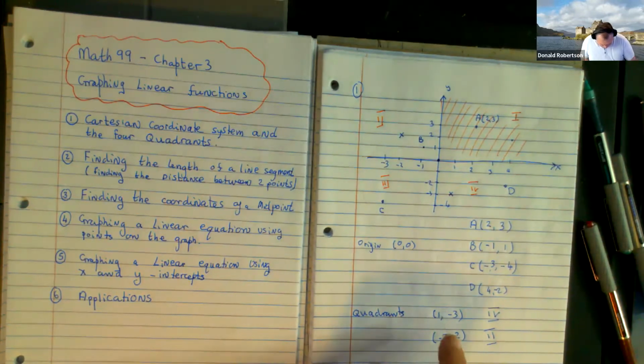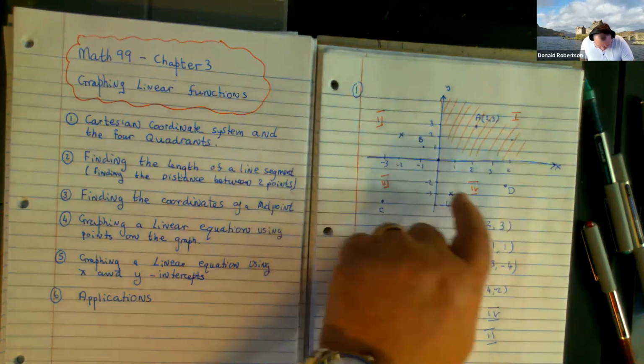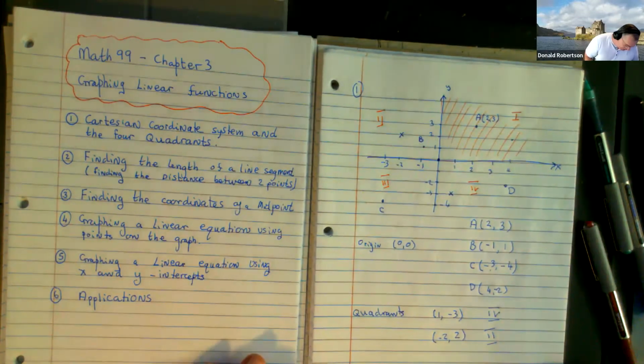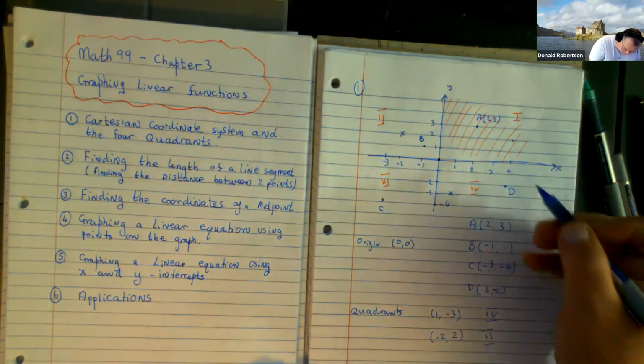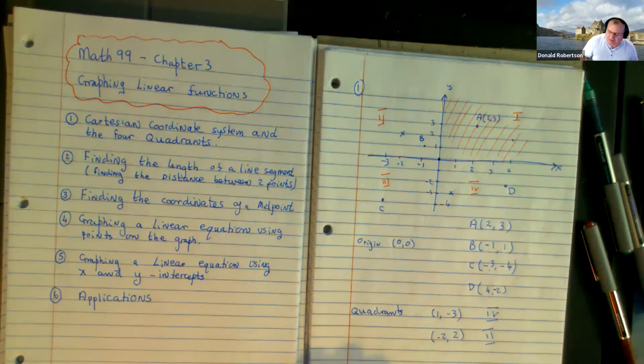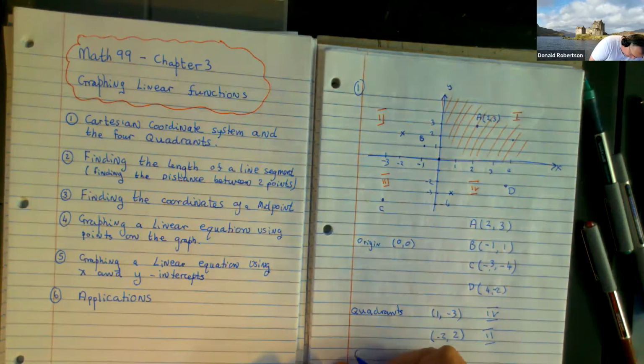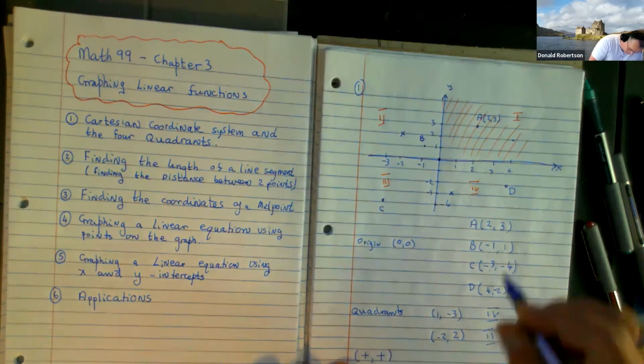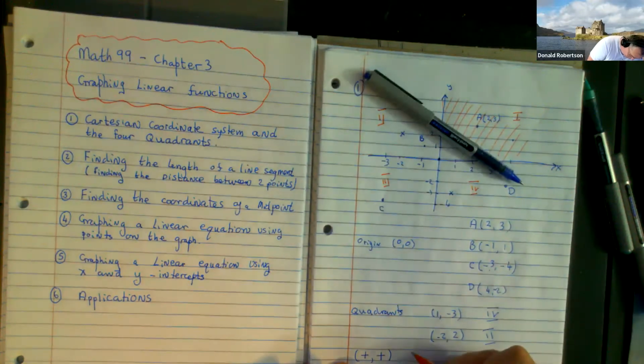Now, if you look carefully, you can actually tell which quadrant a point is in without plotting it, and that's useful, especially if the coordinates are really unusual numbers, like 510, -99. You don't really want to plot points like that. So here's a little pattern for you. If the x and the y coordinate are both positive, then you will be in quadrant 1.